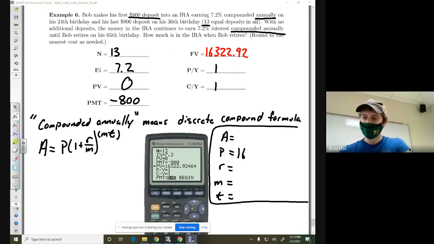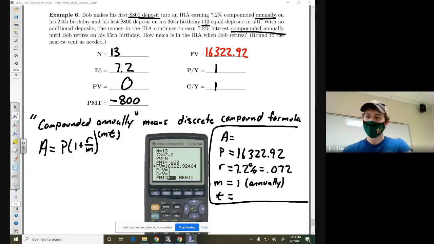So $16,322.92. The interest rate is still 7.2% or 0.072. We're compounding annually, which means M is 1. The amount of time goes from his 36th birthday to his 65th birthday. So 65 minus 36, which is 29.